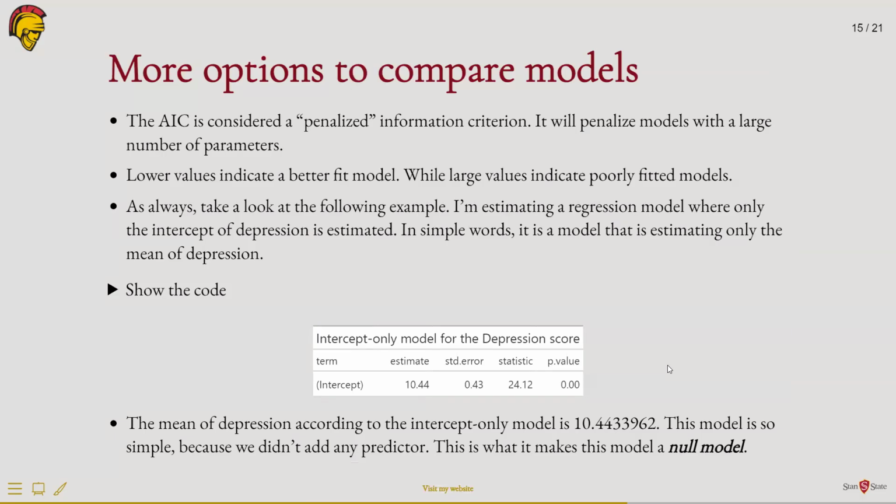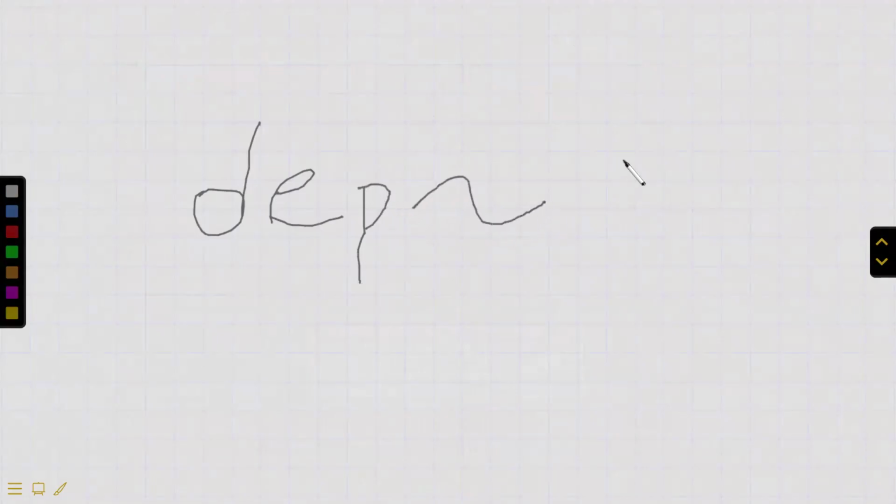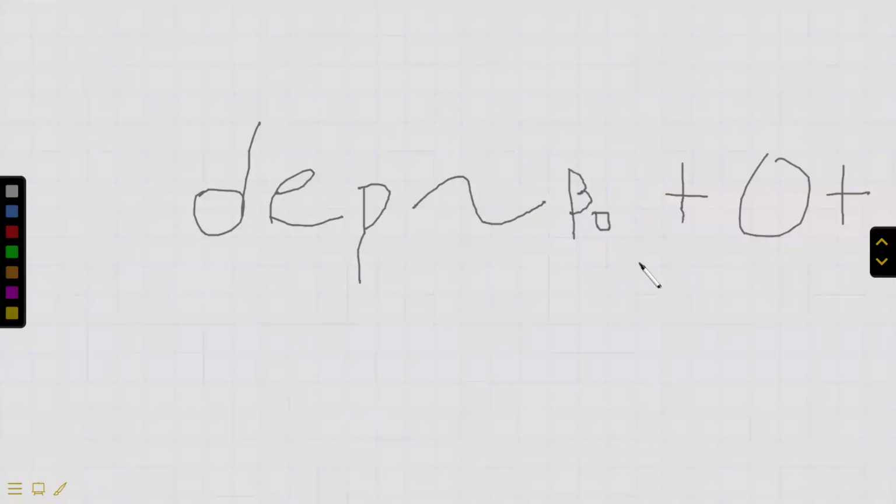In this model, what I'm doing is, let me just write it down here. I have depression, and depression is going to be explained by nothing. It has 0 plus 0 plus 0. The only thing that we are estimating is the intercept in this model, beta sub 0.